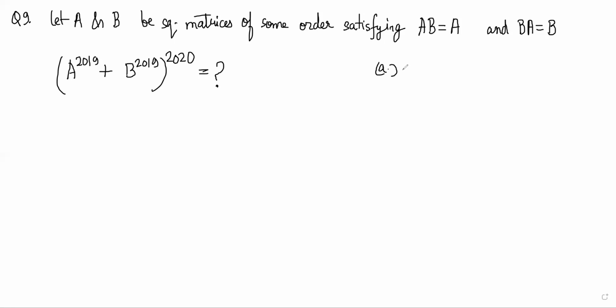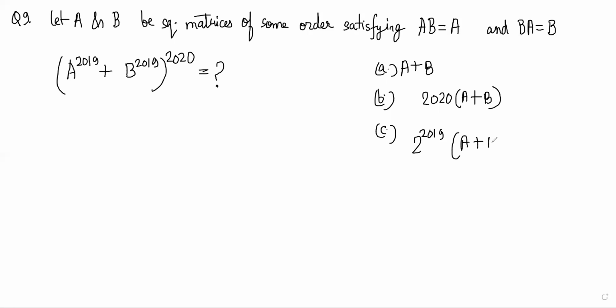Options are A plus B, 2020 times A plus B, 2 power 2019 times A plus B, or 2 power 2020 times A plus B.